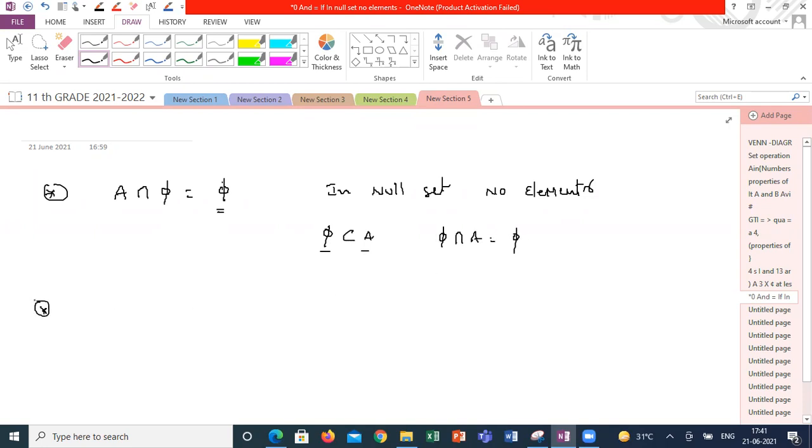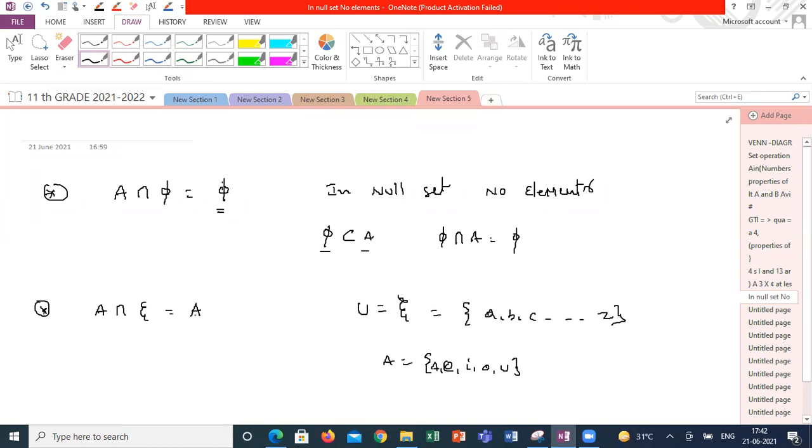The last one. What is the intersection of a set and its universal set? Sir, my universal set is all the alphabets A, B, C, and so on up to Z. Set A is only vowels A, E, I, O, U. What is its intersection?